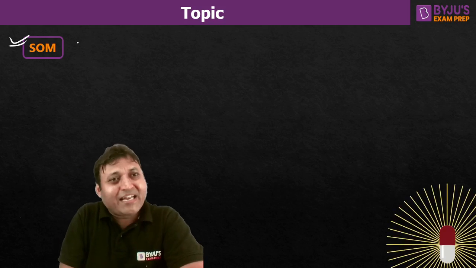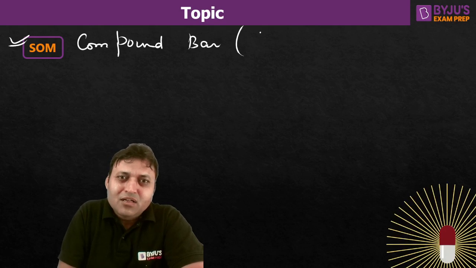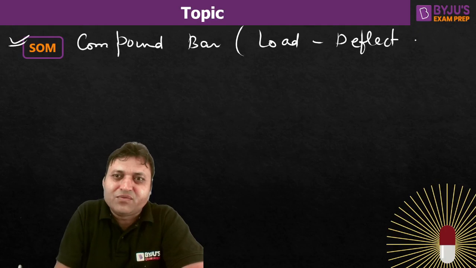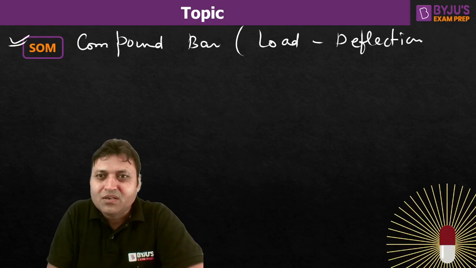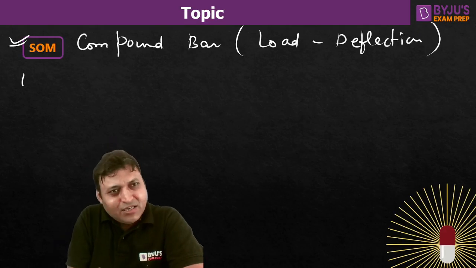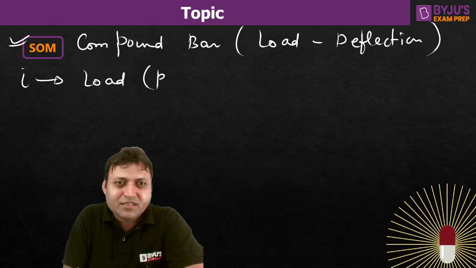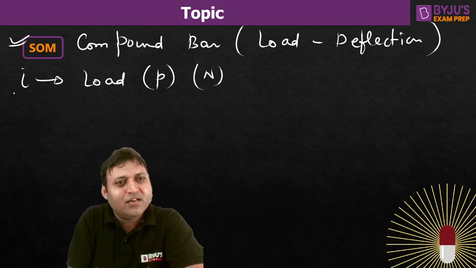In strength of materials also, when we talk about the compound bar, when we analyze the load and deflection curve analysis, load deflection, I will be replaced by the load, that is denoted by P, the unit is Newton.